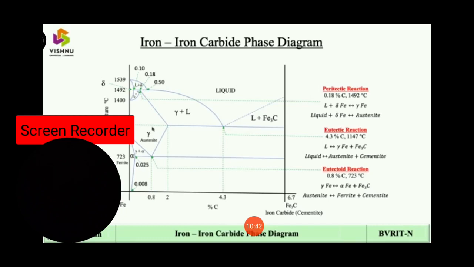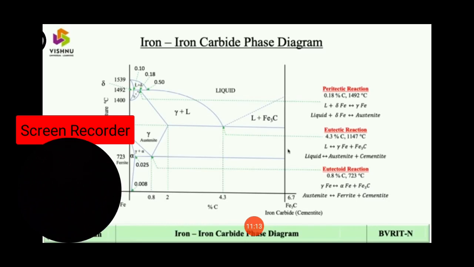Then next, at 4.3% of carbon, the eutectic reaction, at 1147 degrees centigrade, liquid will transform into austenite plus cementite, and that mixture is called ledeburite. Then the third one, the eutectoid reaction at 0.8% of carbon, 723 degrees centigrade, gamma iron austenite will transform into ferrite plus cementite, which mixture is called pearlite.